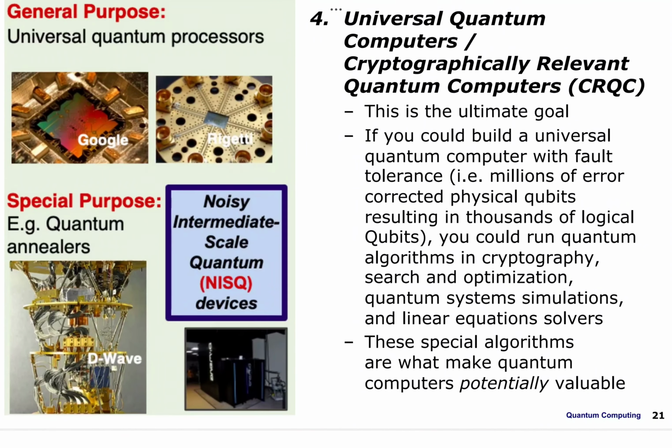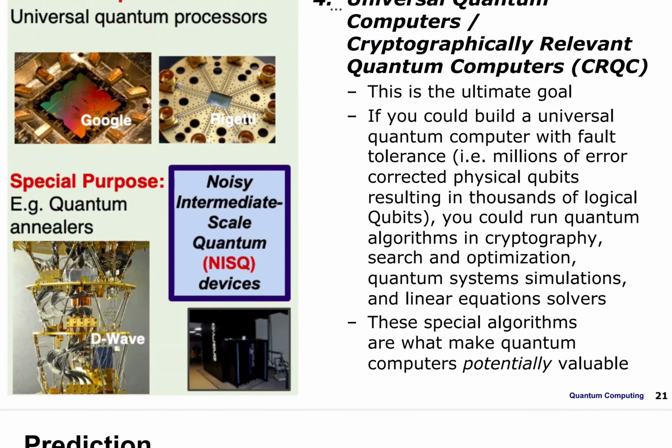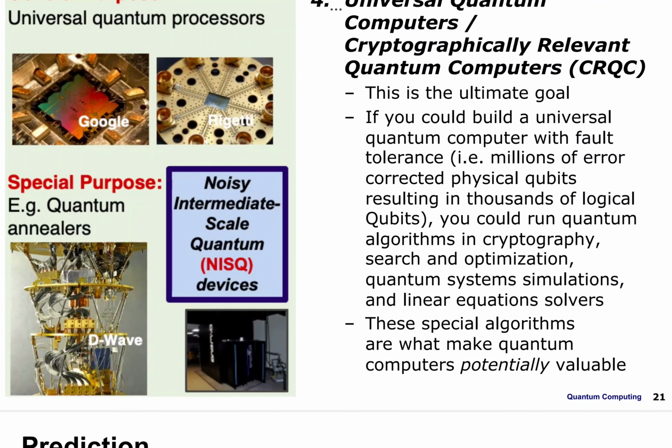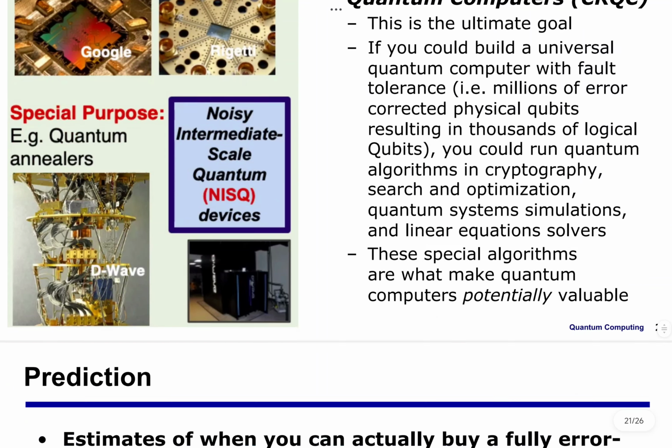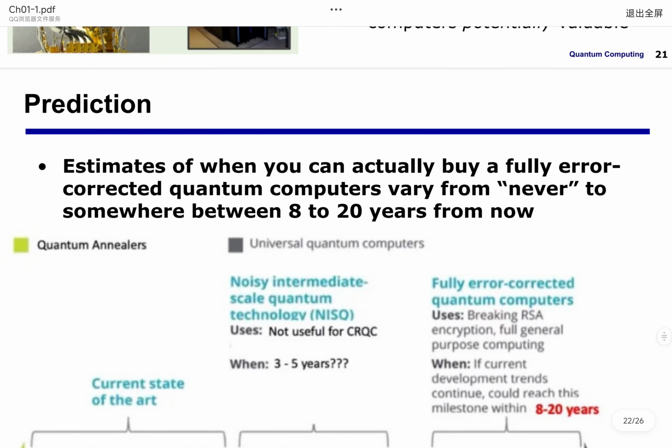Universal means this is the ultimate goal: a universal quantum computer with fault tolerance, millions of physical qubits error corrected, resulting in robust logical qubits. You could run quantum algorithms for circuit optimization, quantum systems simulation, and linear equation solving. New algorithms, new possibilities.